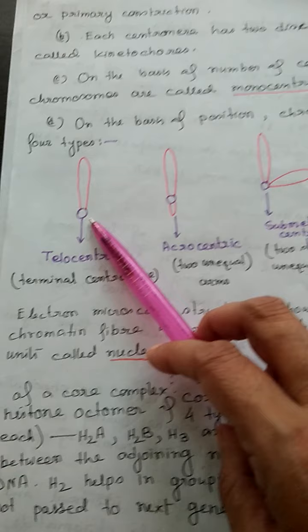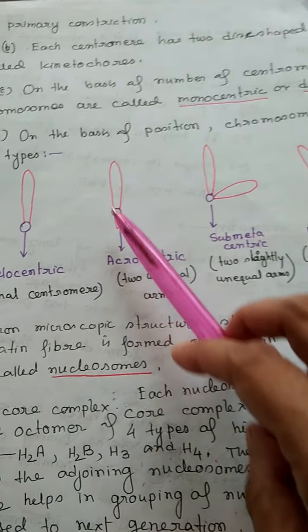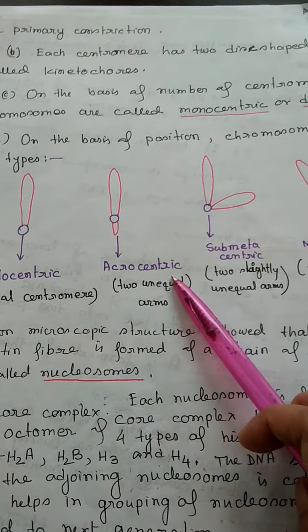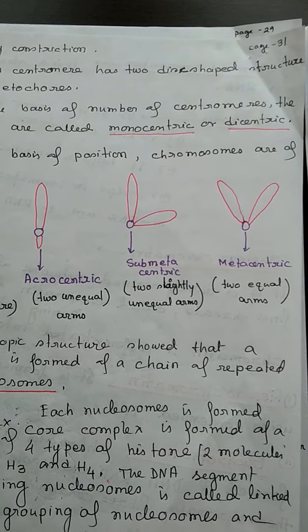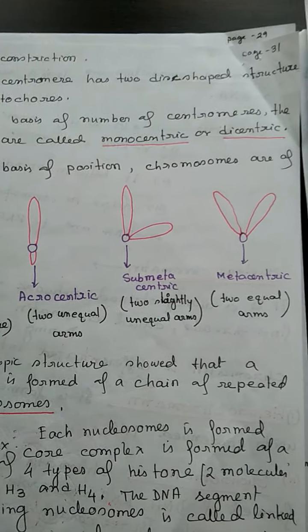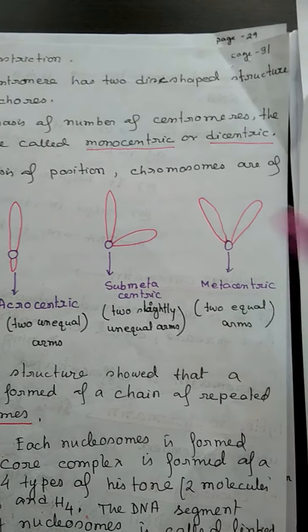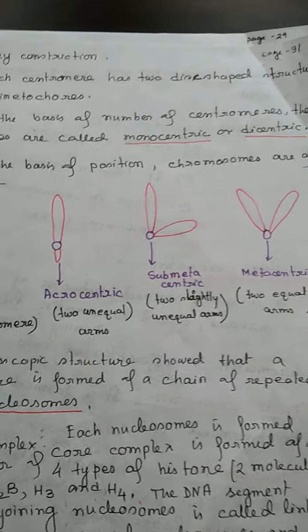If the centromere is terminal, it is telocentric. If one arm is very short, it is acrocentric, and if the two arms are slightly unequal, it is submetacentric, and if the two arms are equal, this is known as metacentric. So these four types are very, very important for you.